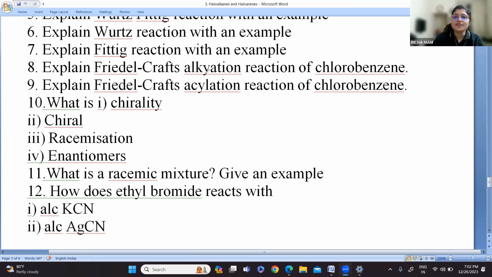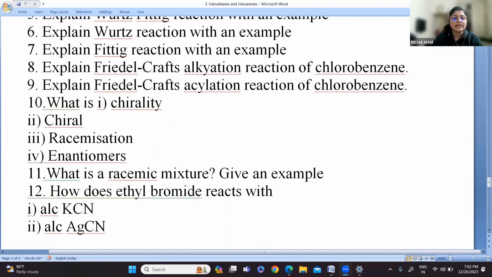The process of conversion of enantiomers into racemic mixtures. So it is the process of conversion of enantiomers into a racemic mixture that is called racemization.